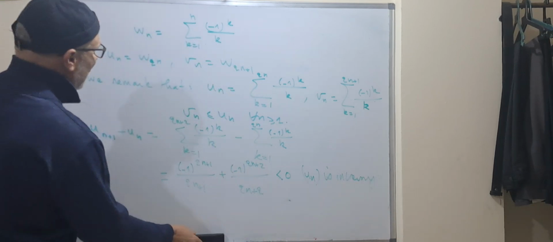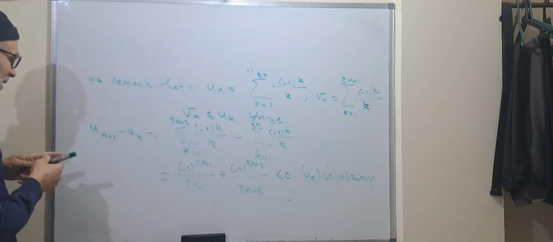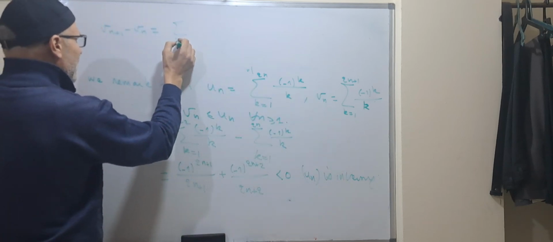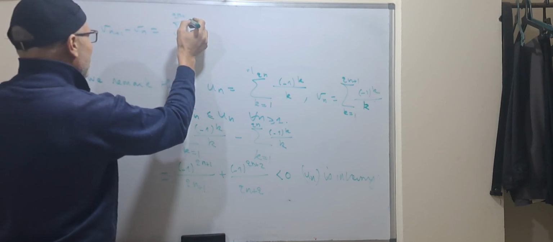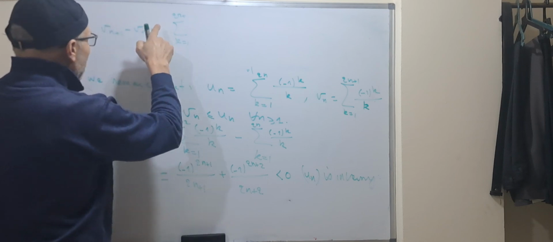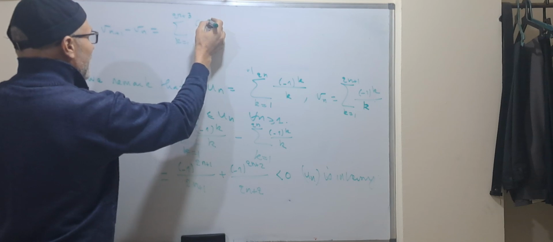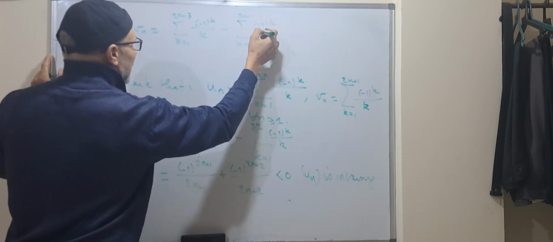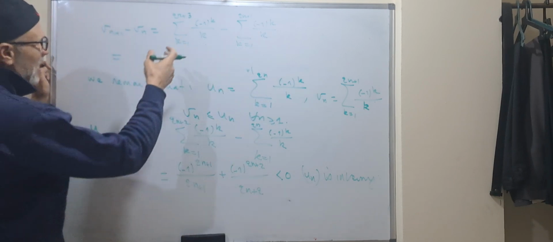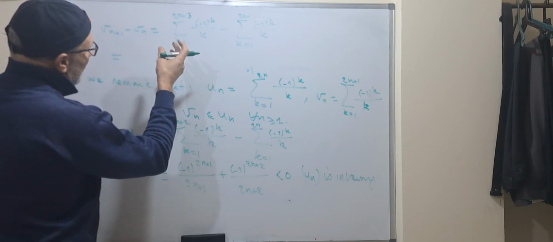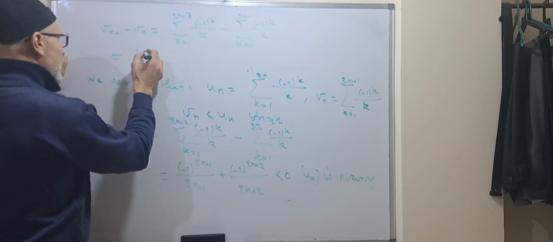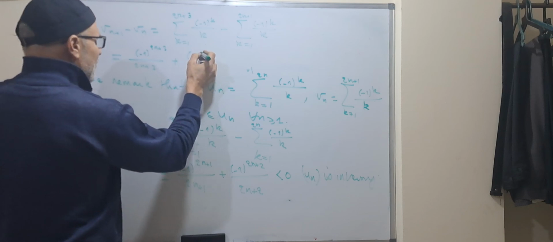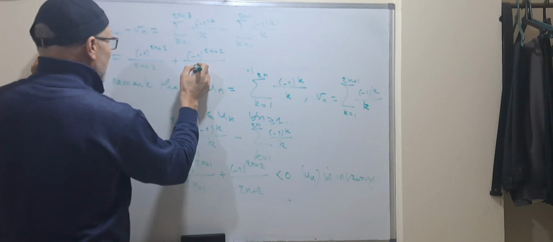How about vn? v(n+1) minus vn is equal to the sum from k equal 1 to 2n plus 3, where we replace n by n plus 1, of (minus 1) power k over k, minus the sum from k equal 1 to 2n plus 1 of (minus 1) power k over k. And here we keep two remaining elements, (minus 1) power (2n plus 3) over (2n plus 3) plus (minus 1) power (2n plus 2) divided by (2n plus 2).